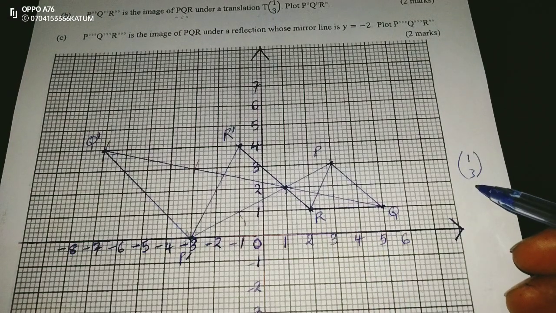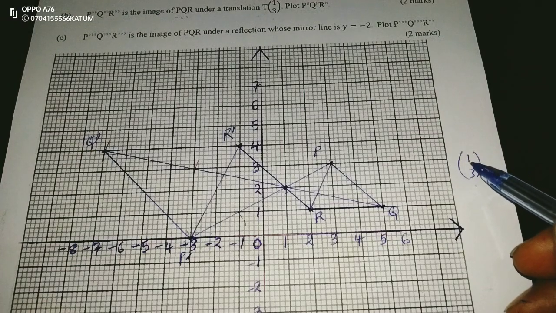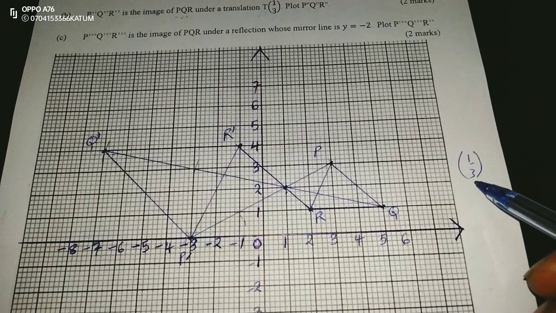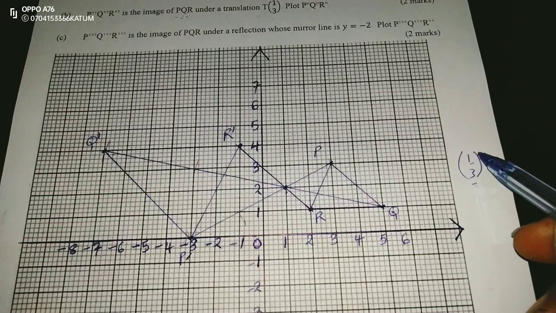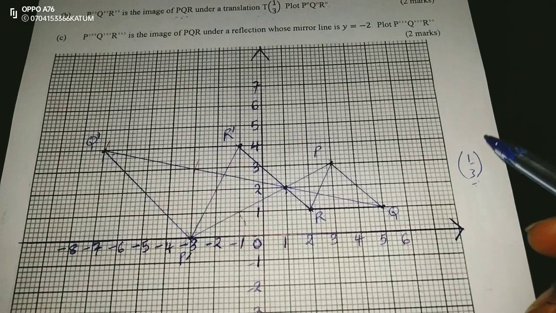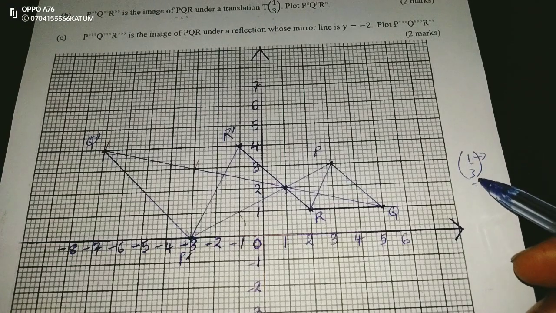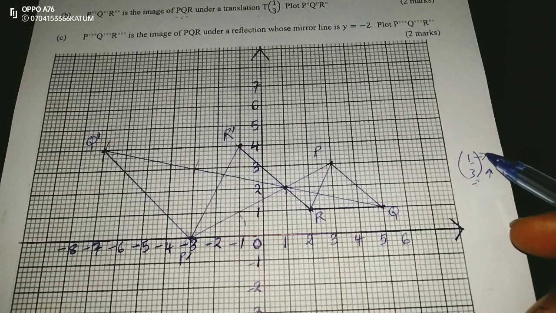If translation T is (1, 3), it means we'll move each coordinate 1 unit in the x direction and 3 units in the y direction. That again tells us, because this is +1, this is also +3. For the x, we move to the right hand side, and for the y, we're going to move upwards, which is the positive direction for the y-axis.